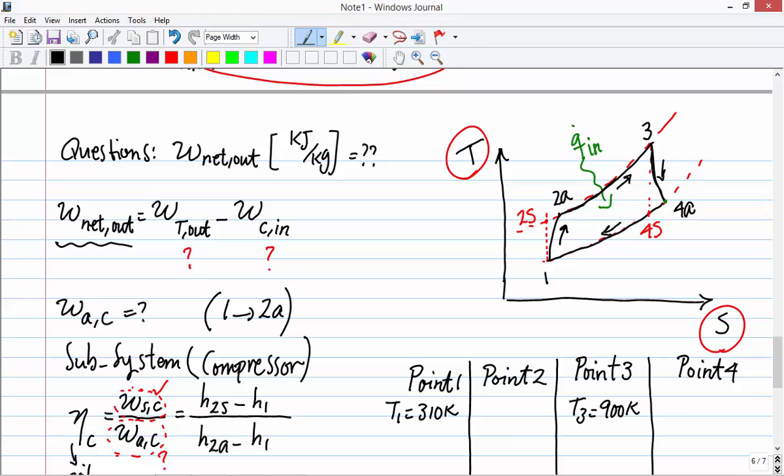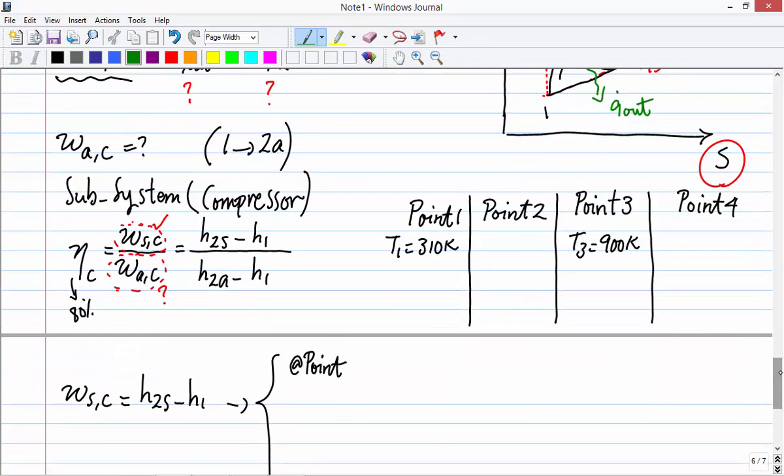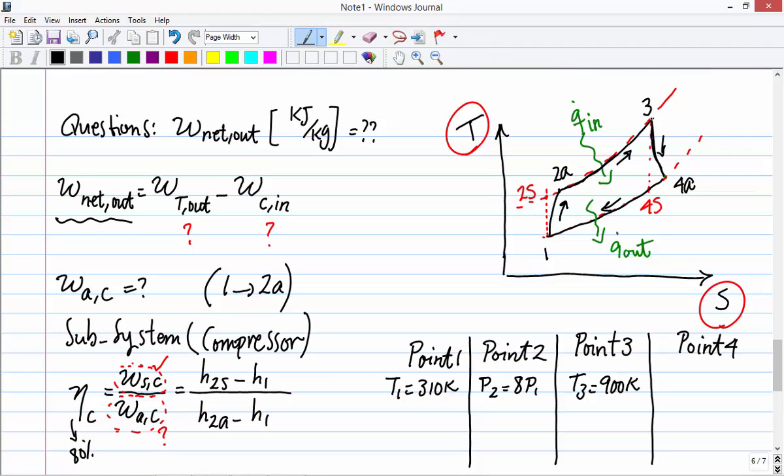And we know the pressure ratio in the compressor and in the turbine. Once again, we assume that in the heat exchangers, pressure remains constant. Therefore, P after the compressor at the outlet is 8 times larger than the inlet. So P2 is 8 times P1. And about the turbine, when we pass through the turbine, pressure drops 8 times.